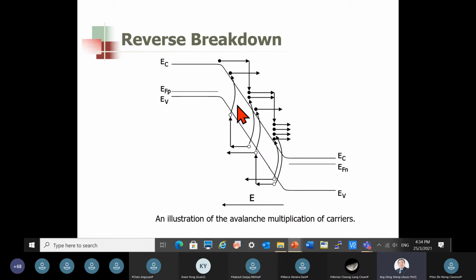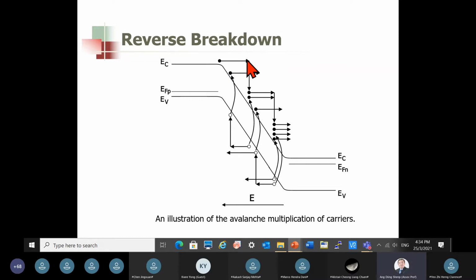All right, so this is the band diagram of a reverse bias PN junction, right? Where, as you can see, the band diagram on the P side is significantly raised above that of the N side, right? Under a large reverse bias. Now, if there is an electron present within the space charge region, this electron can get accelerated to very high energy by the high electric field that is present inside the space charge region.